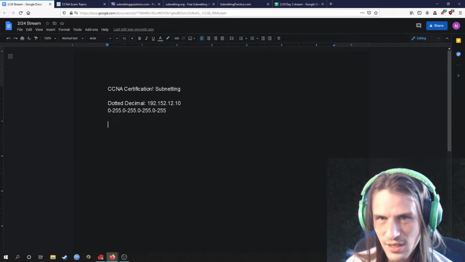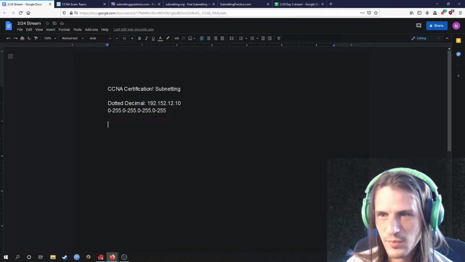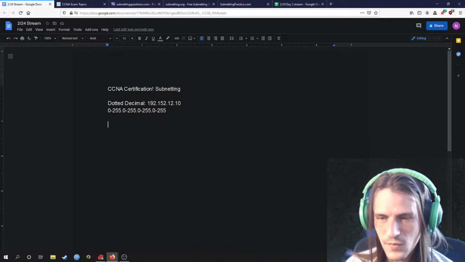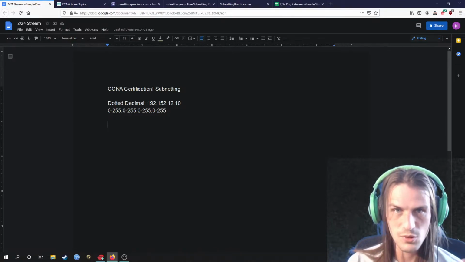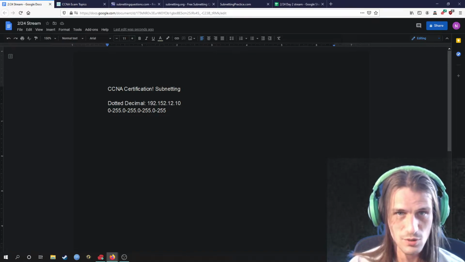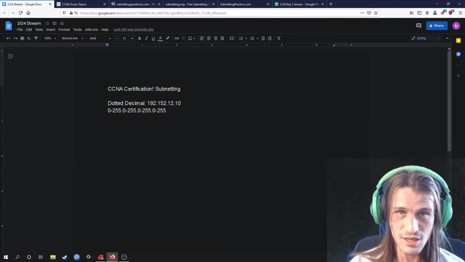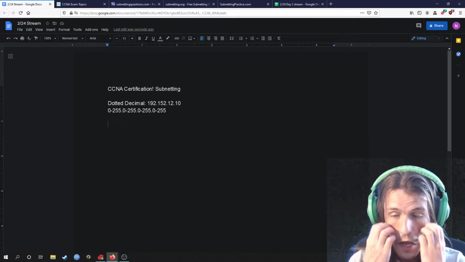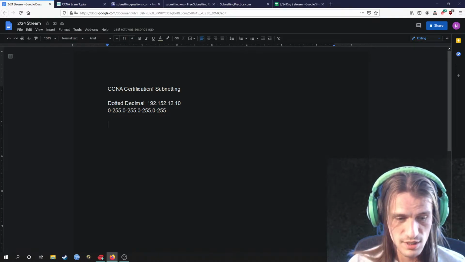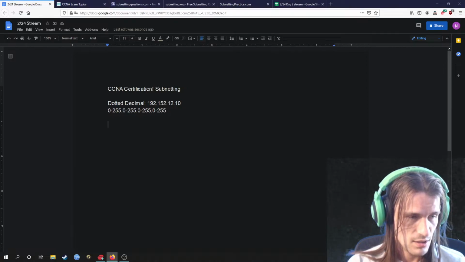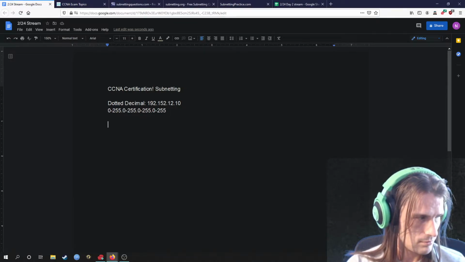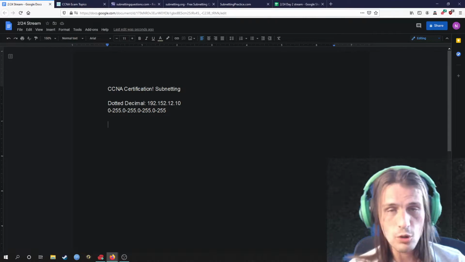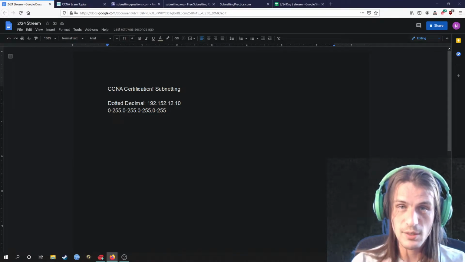We can't have the internet be all one flat address space. There'd be too many systems trying to talk to one another. There'd be too many collisions on the line. No one would be able to get anything done. So what we do is we cordon off sections into little networks.